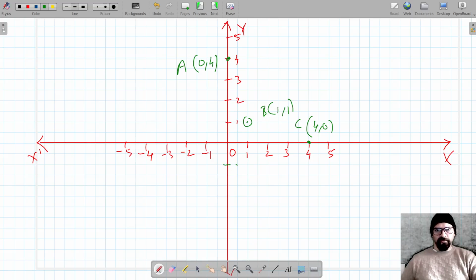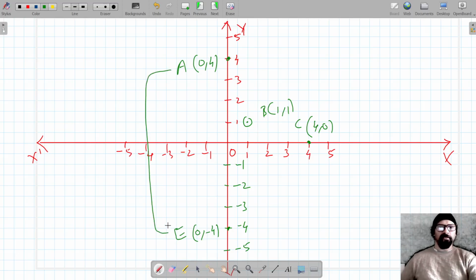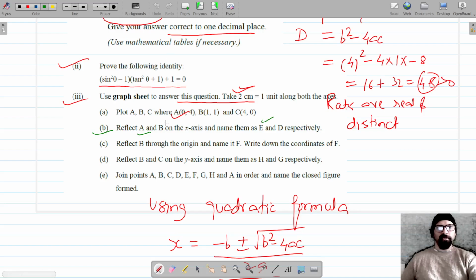So the x-axis is the mirror axis. So 0 comma 4 becomes 0 comma negative 4. So this is E. So A is reflected as E.